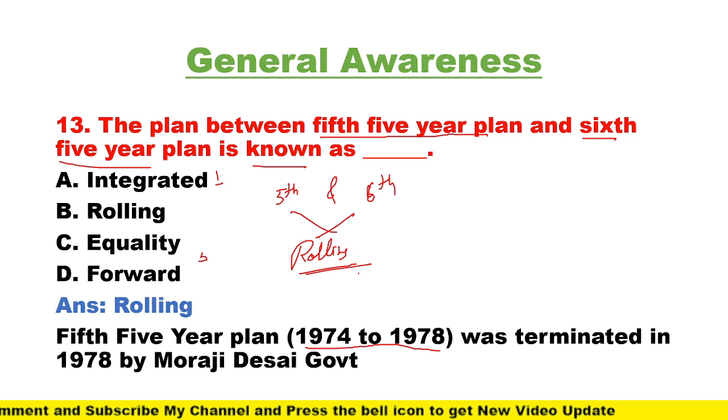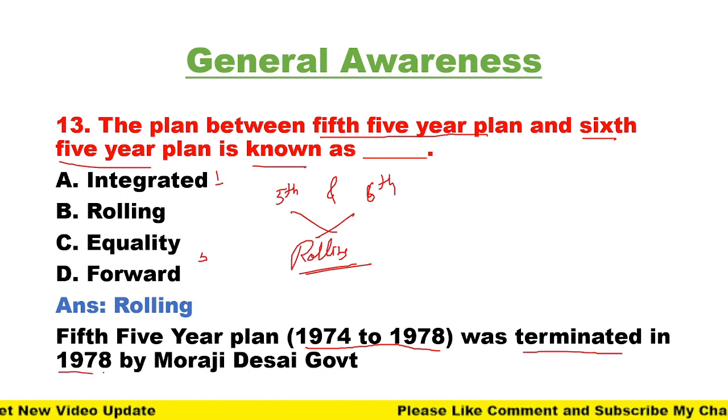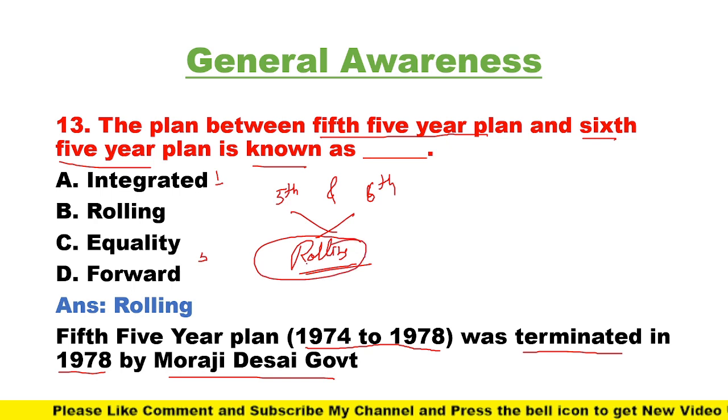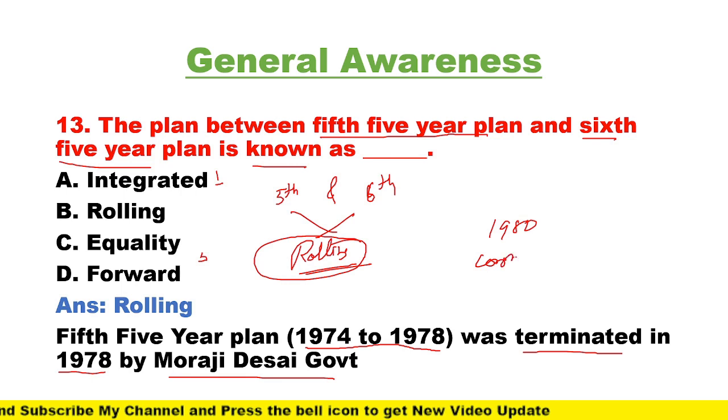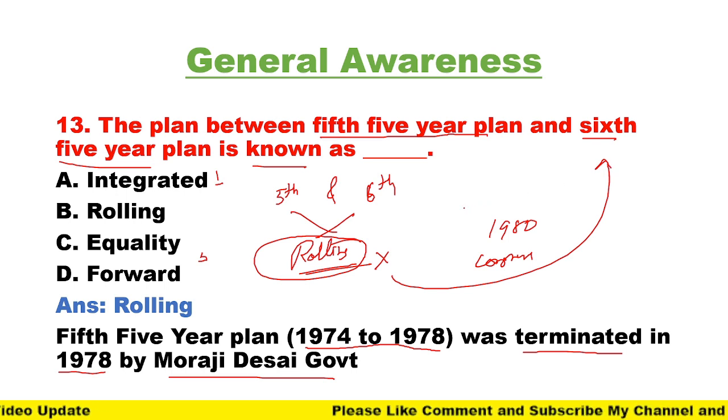When the new government was formed, they terminated this fifth 5-year plan in the year 1978 and introduced the rolling plan. In the year 1980, the Congress government was formed again, and they terminated the rolling plan and introduced the sixth 5-year plan. Is this clear? That is the rolling plan.